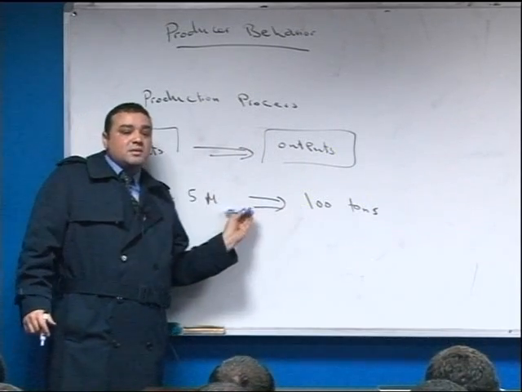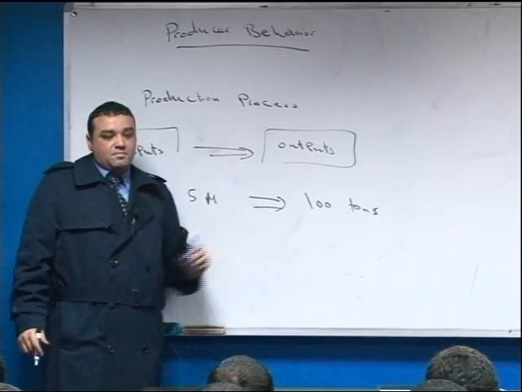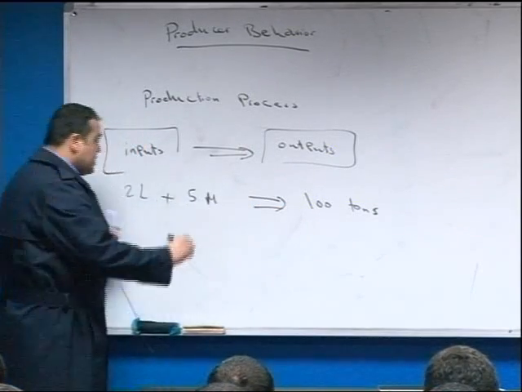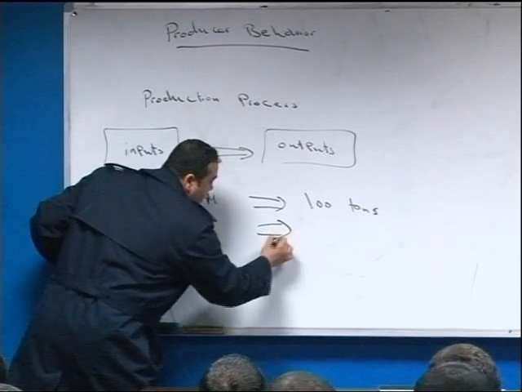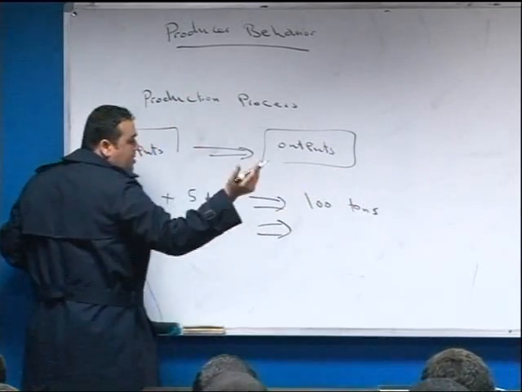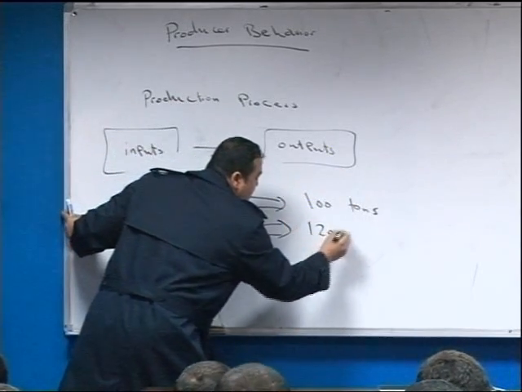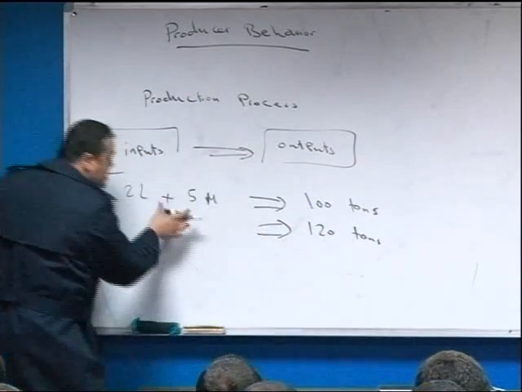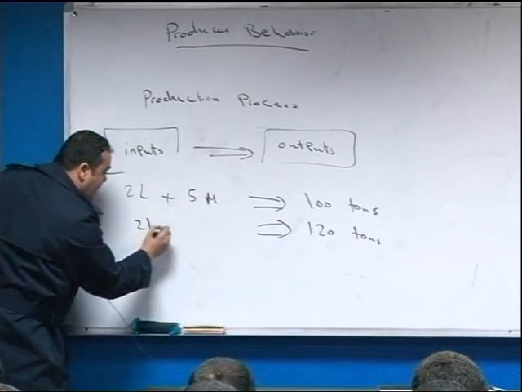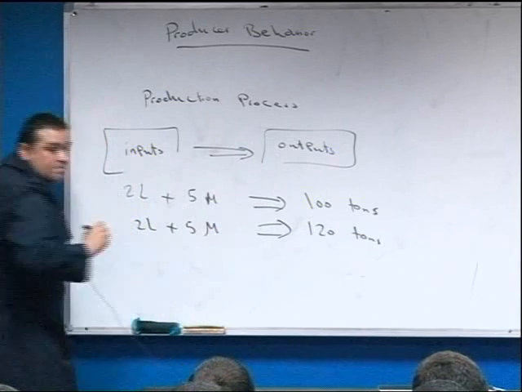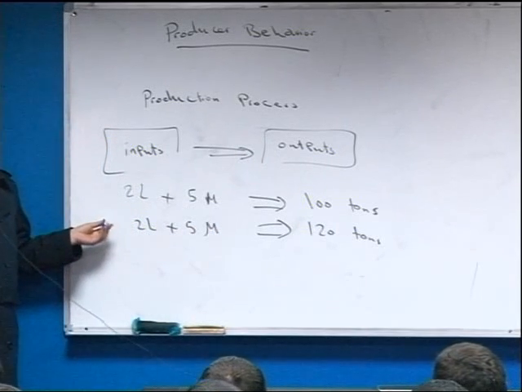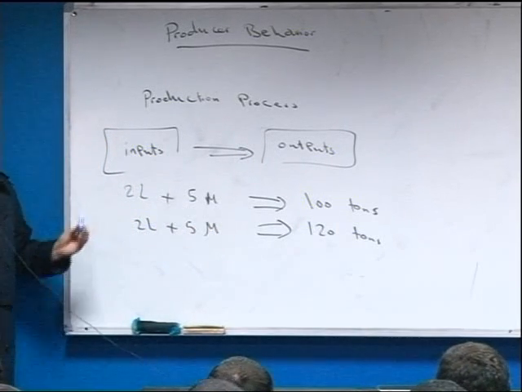He has 2 objectives. Number 1, to maximize his output, maybe to 120 tons, by using the same inputs, 2 laborers plus 5 machines.